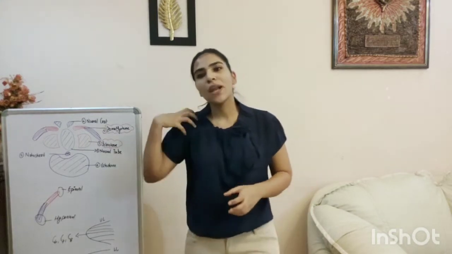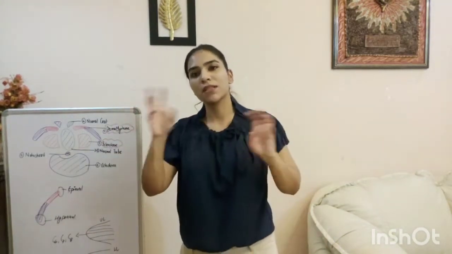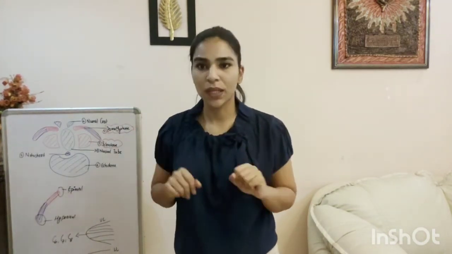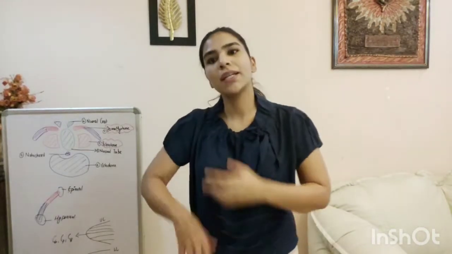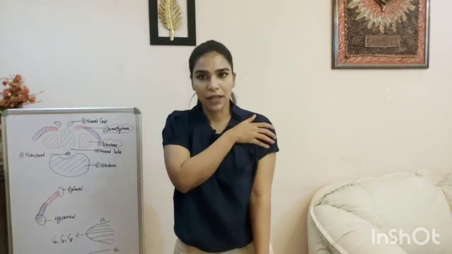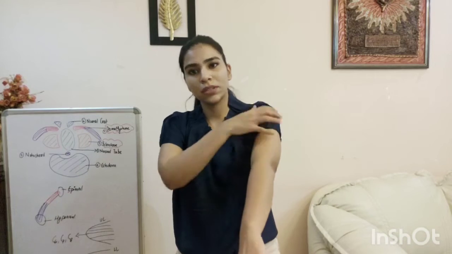Before actually growing into digits and everything, which happens around the 8th, 9th week, the digits are formed at the 8th, 9th week. So before it is divided into the whole arm, it is just a bud. Now when the bud grows, it has to divide into 3 bones.